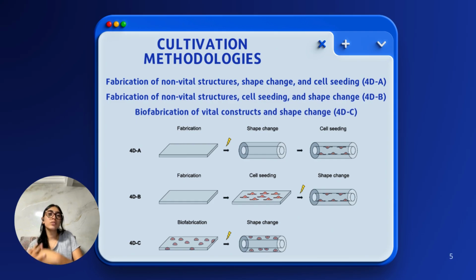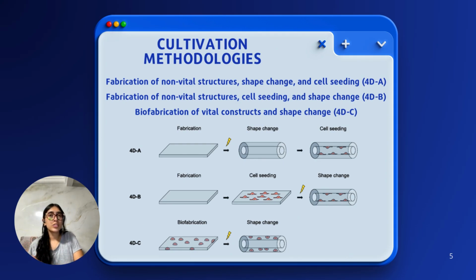In recent years, 4D fabrication has emerged as a powerful tool in tissue engineering. Unlike traditional scaffolds, 4D systems can change their shape and properties over time, mimicking the dynamic behavior of living tissues.